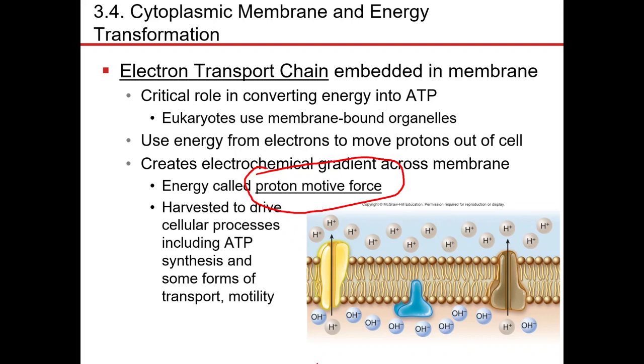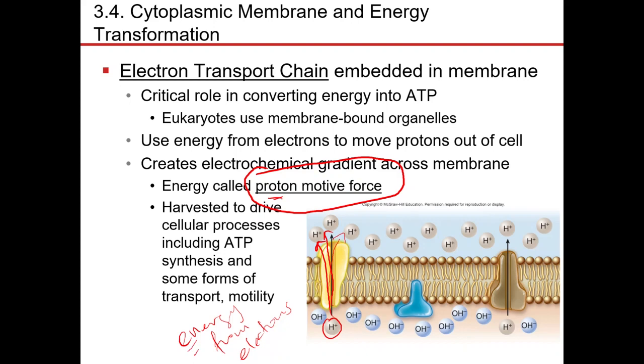What this system does is use energy from electrons to pump hydrogen ions out of the cell. That's why it's called the proton motive force. The hydrogen ions are pumped out of the cell using energy from electrons, because pumping requires energy.